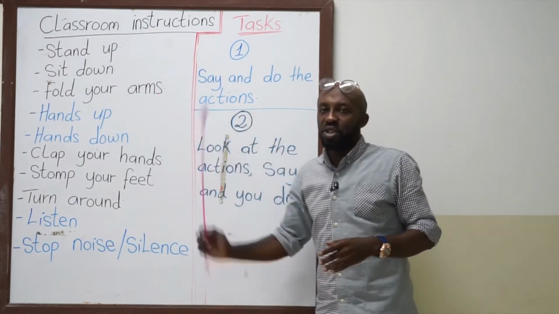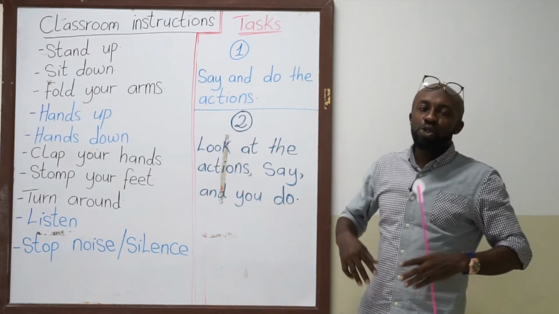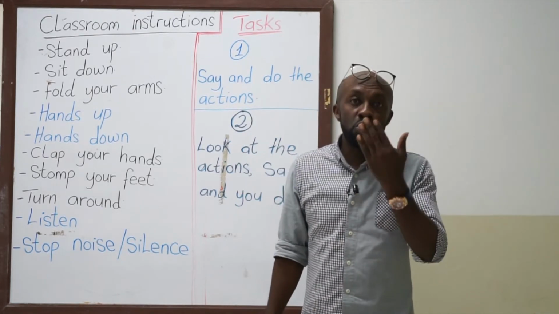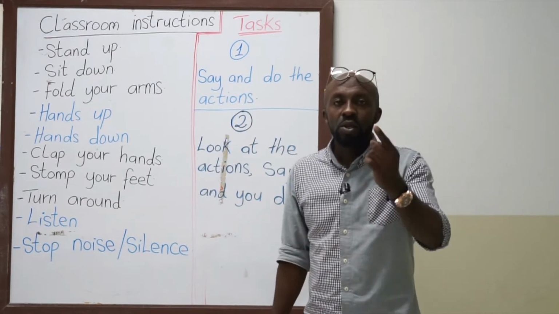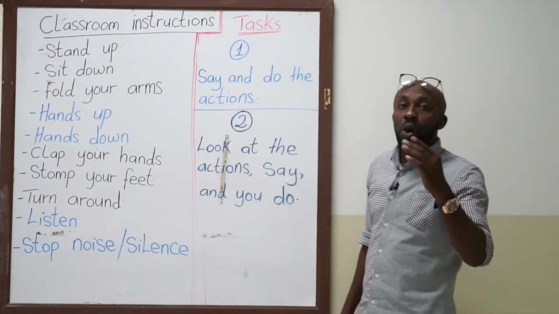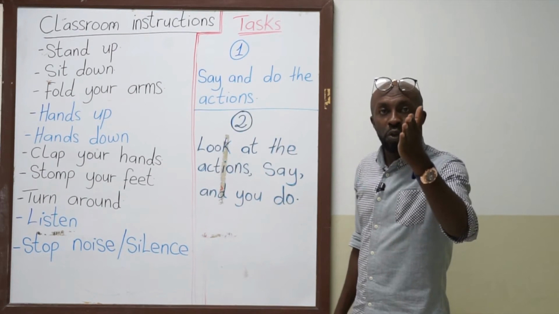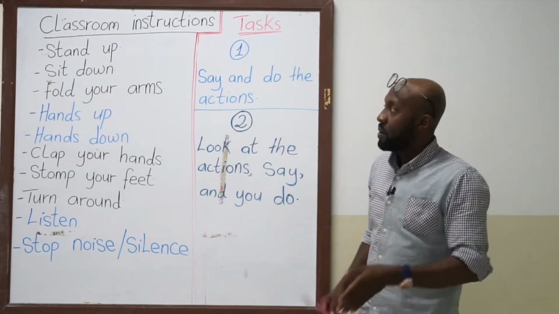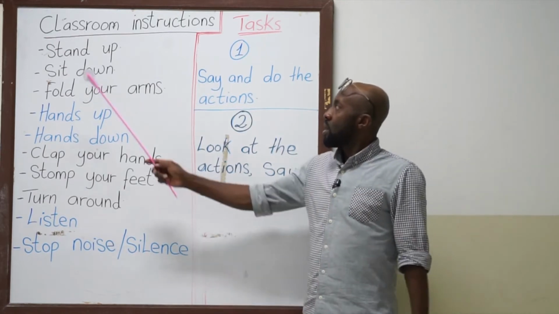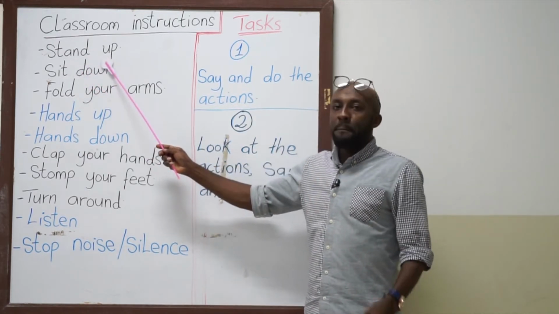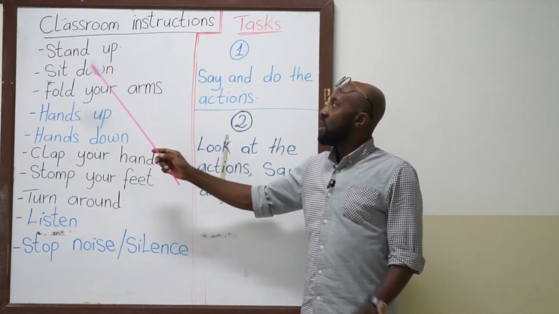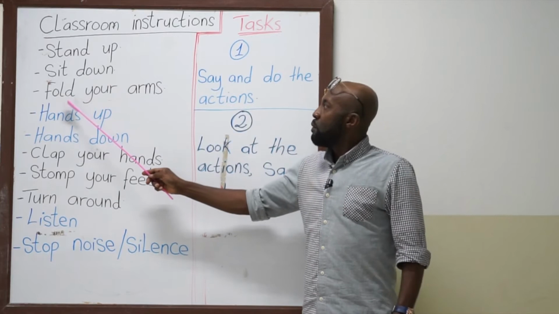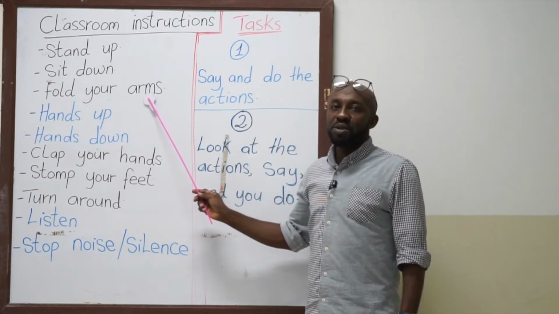Classroom instructions. Once you are in class, the teacher gives instructions to students. So now I want you to repeat after me. 1. Stand up. Sit down. Fold your arms.